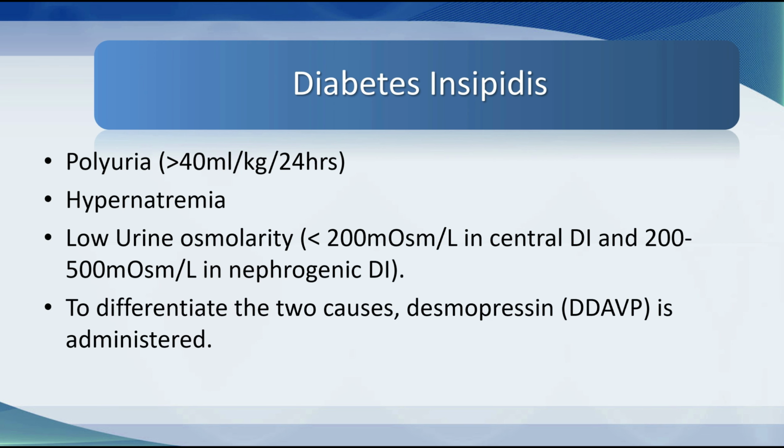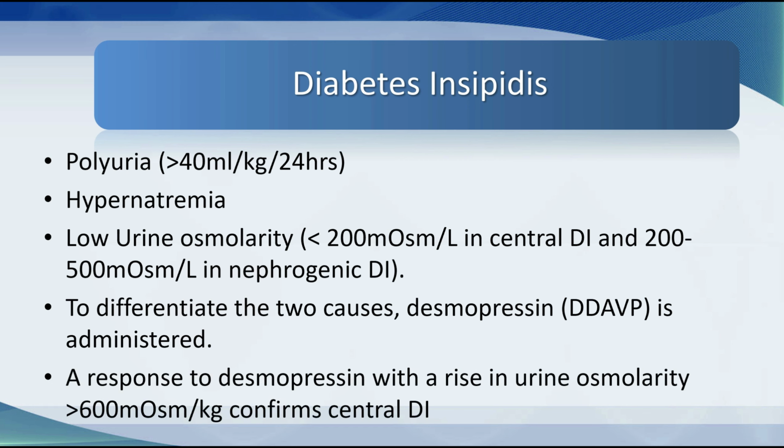To differentiate between the two causes, DDAVP is administered. A response to desmopressin will manifest as a rise in the urinary osmolality in excess of 600 milliosmoles per kilogram, and that confirms central diabetes insipidus. If the patient doesn't respond by concentrating the urine, it's nephrogenic and you need to look for other causes.